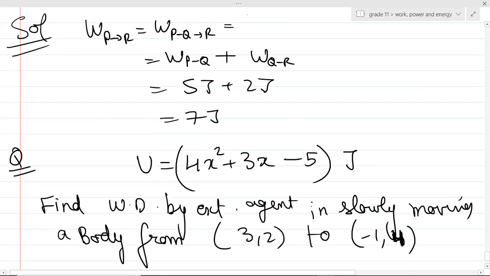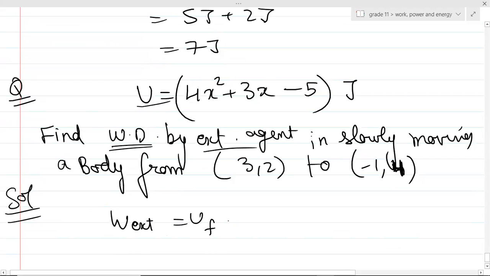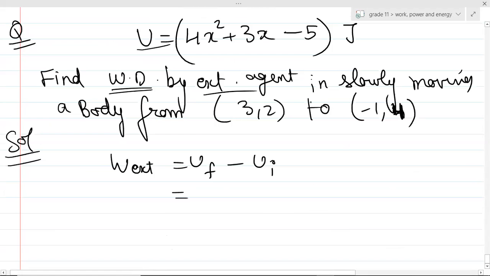So what are they asking, sir? This time they are not asking about any conservative force. They are asking what the work done by an external agent is, and they have given the potential energy. This is even simpler. Work done by an external agent is nothing but final energy minus initial energy, right? If I find the energy at the initial point and at the final point, I can subtract them.